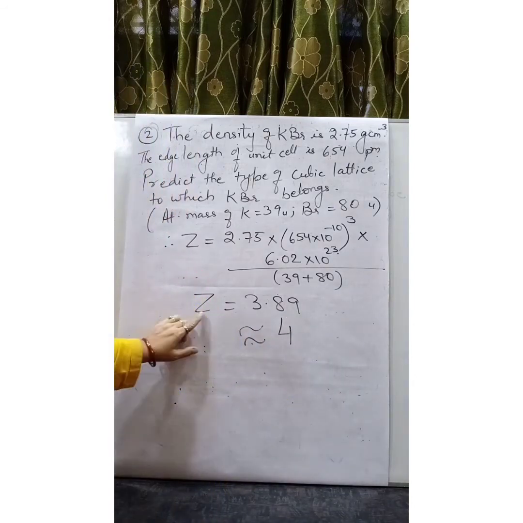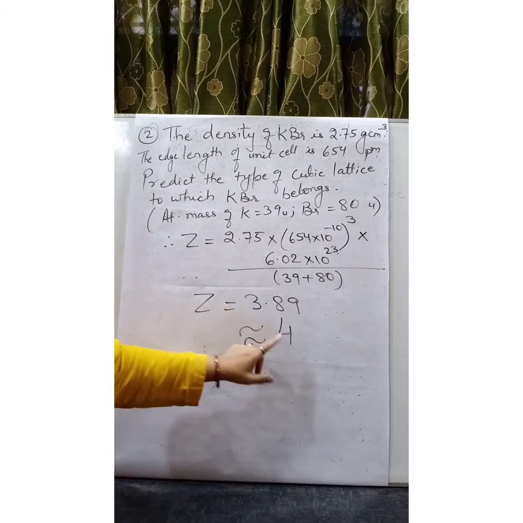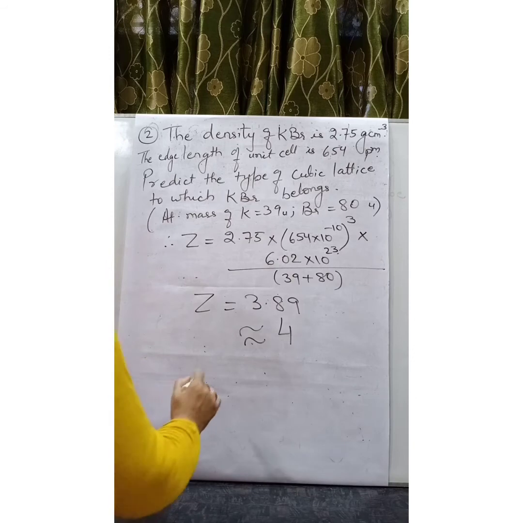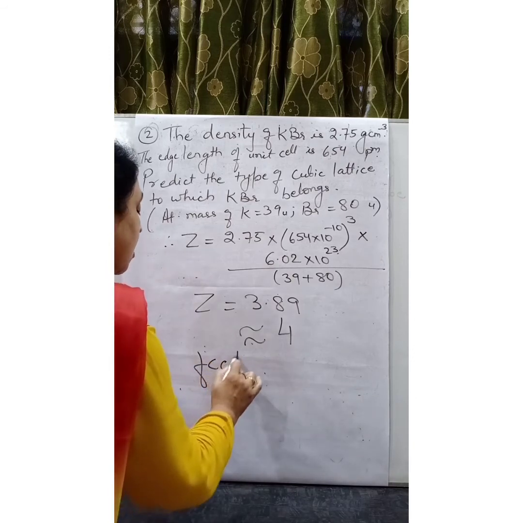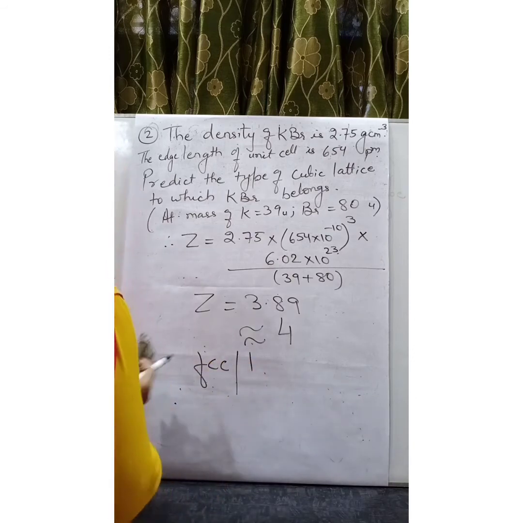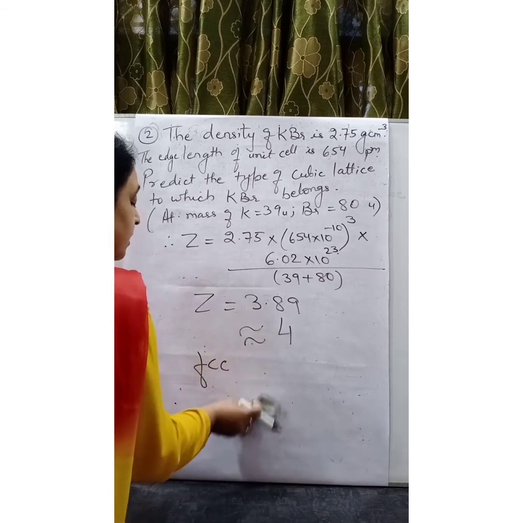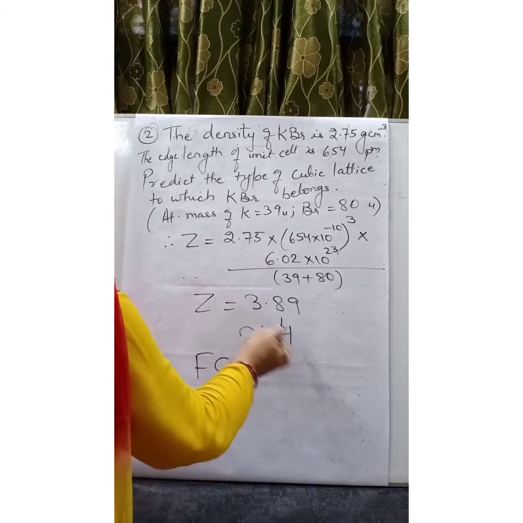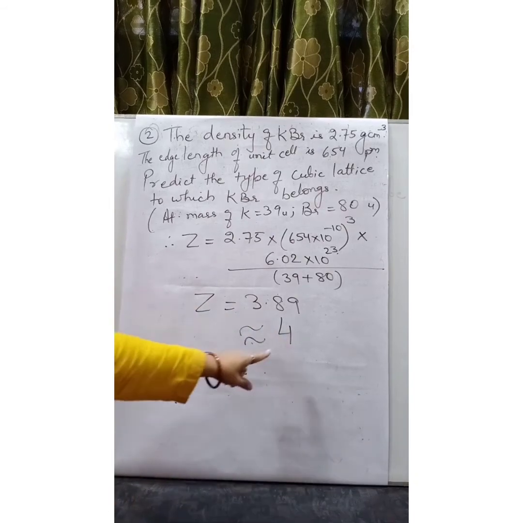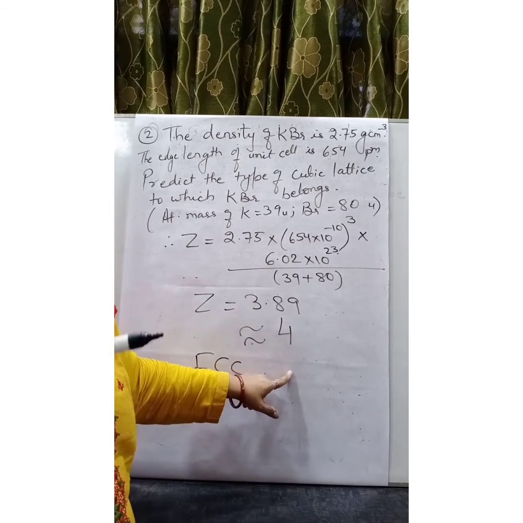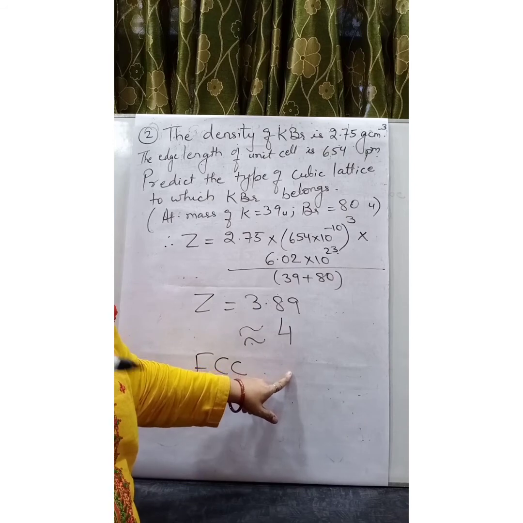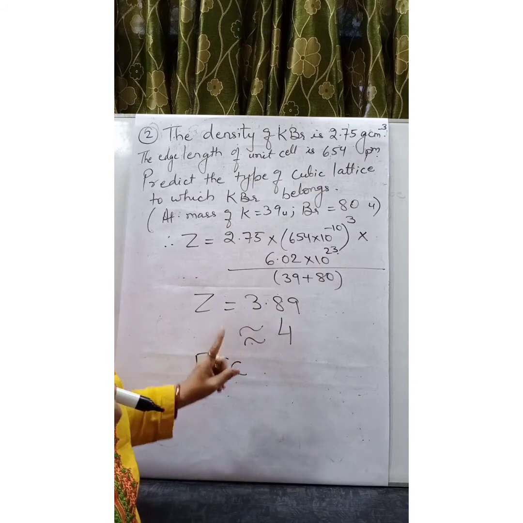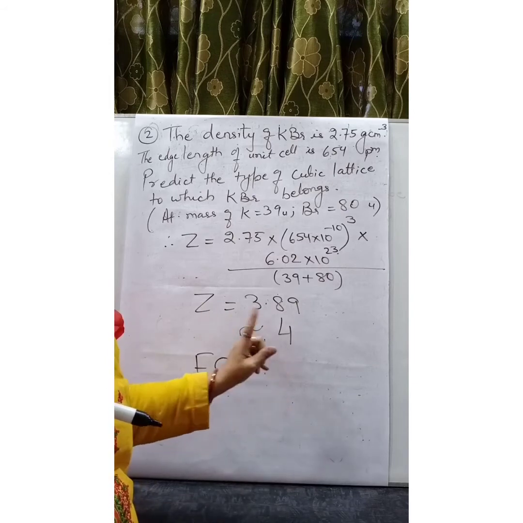Now try to remember, when do you get the value of Z as 4? When it is an FCC structure. 8 corners, 8 into 1 by 8 gives you 1 atom, and 6 faces are occupied and each face is shared by 2 unit cells.